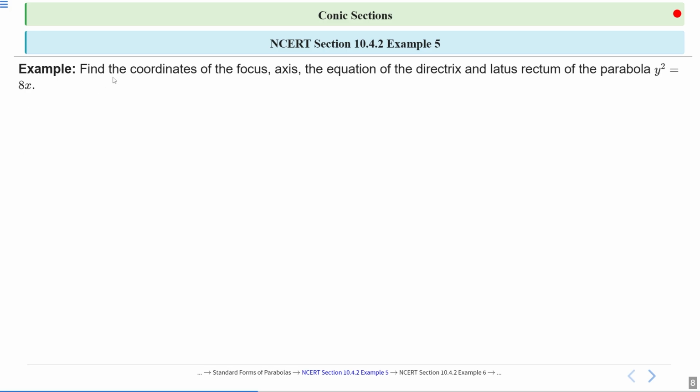We have to find the coordinates of the focus, the axis of parabola, the equation of the directrix and the latus rectum of the parabola y square equal to 8x. So we are given the equation of parabola y square equal to 8x, and we have to find the coordinates of the focus, axis, the equation of directrix and the length of latus rectum. Clear? First of all, try it yourself. You have 1 minute to try to solve this example, and after that we will solve it.